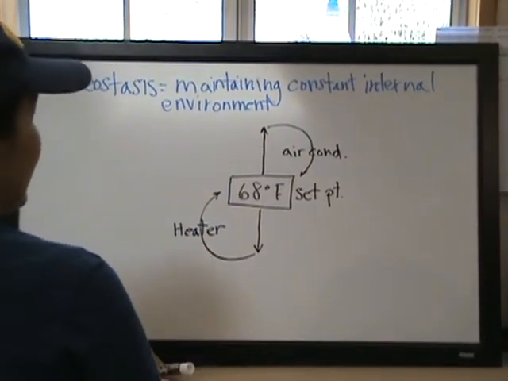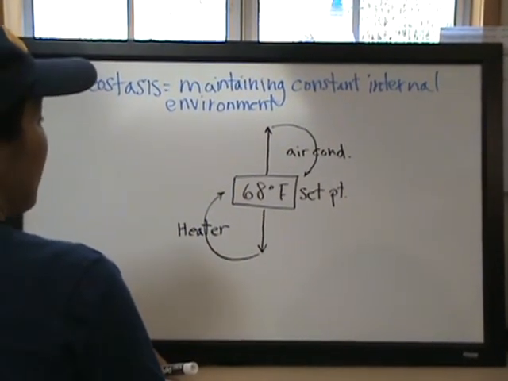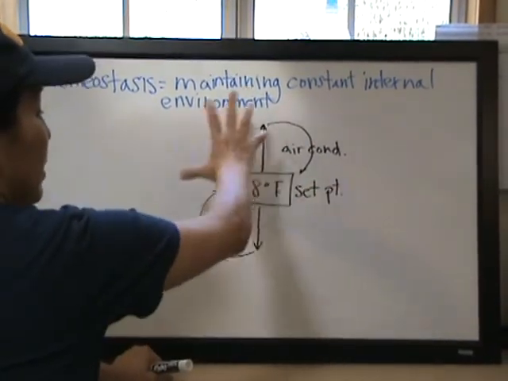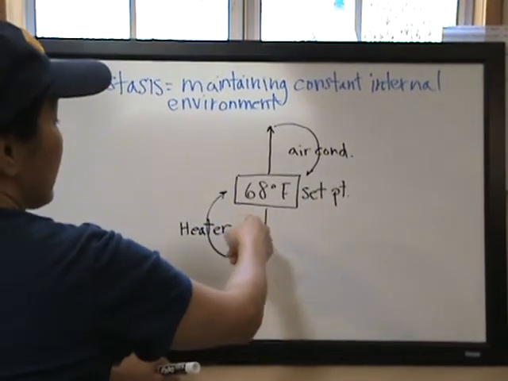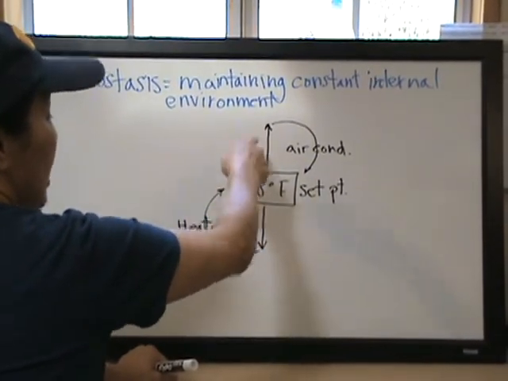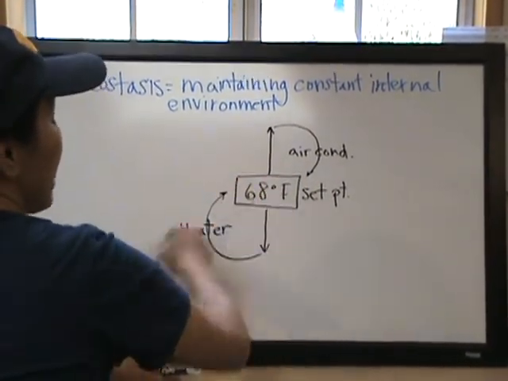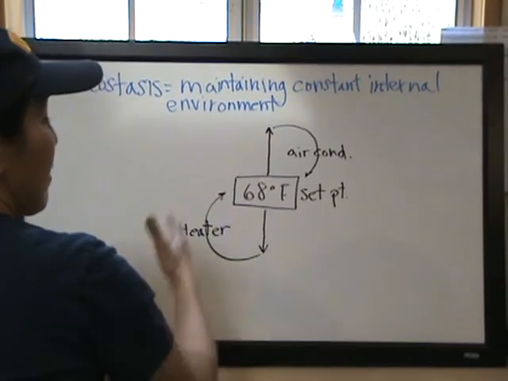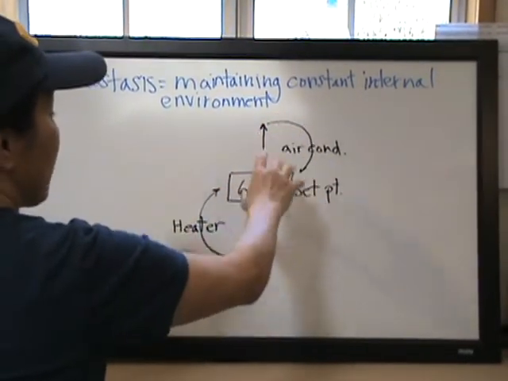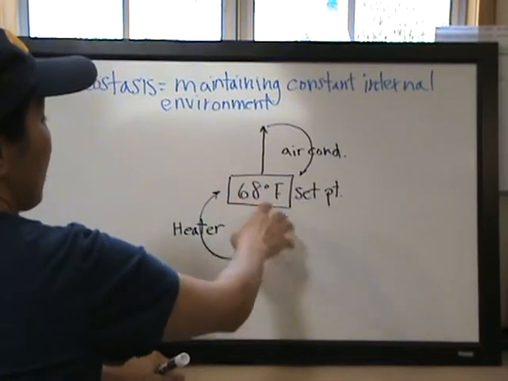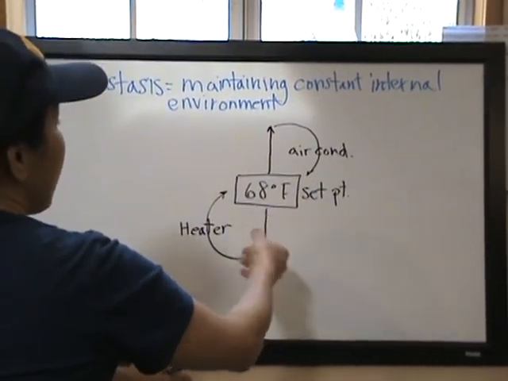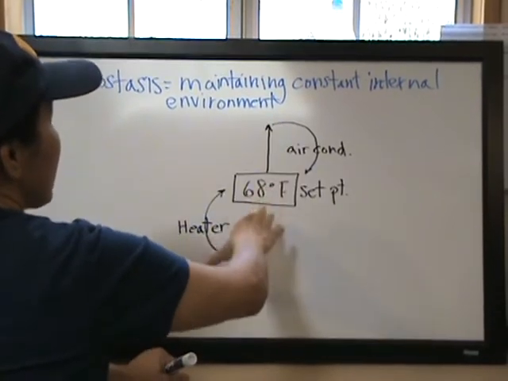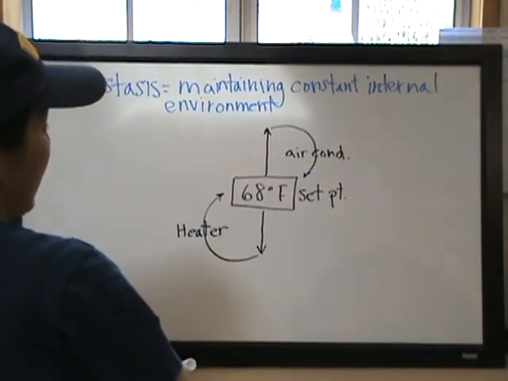That's how our body works. As levels of different substances fall or rise outside of the set point, we have many different mechanisms that kick in and bring our temperature, pH levels, blood glucose levels, whatever, back to the set point.